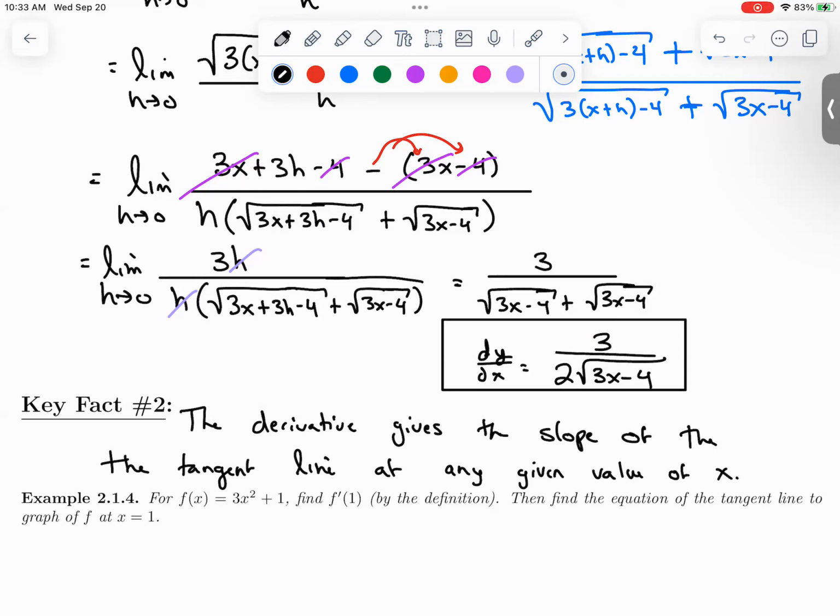So the derivative is a function, just like the original function. The derivative is a function itself. But when you plug in a value into the derivative, it represents the slope of the line tangent to that curve at that x value, which is exactly by its construction.